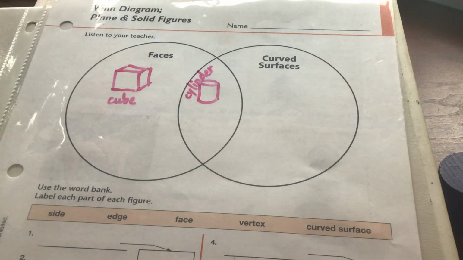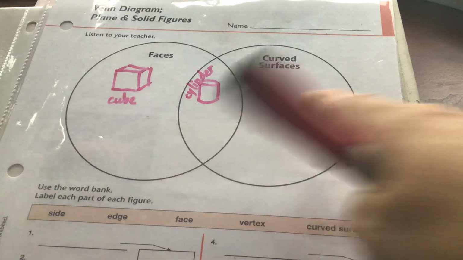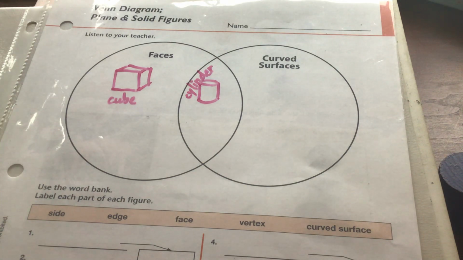Can you think of another solid figure that has a flat face and 1 curved surface? Now, a cylinder has 2 flat faces. This shape that I'm thinking about only has 1, and I could not find a good example of this around my house. But if I had ice cream cones, that would have worked, right?